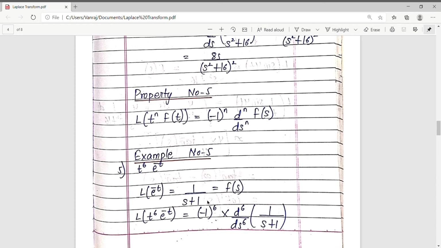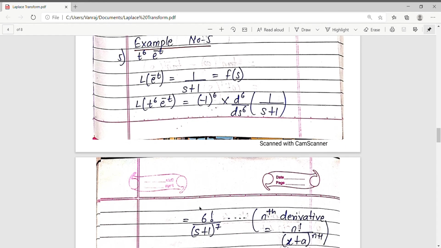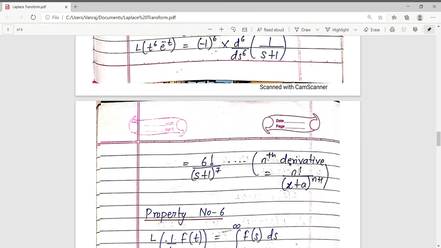Now we will use the property. The Laplace transform of t raised to 6 into e raised to minus t is equal to minus 1 raised to 6, which is a positive value, times the 6th derivative of 1 upon s plus 1. Our F(s) was 1 upon s plus 1. We know the formula of the nth derivative, which is n factorial upon (x plus a) raised to n plus 1.